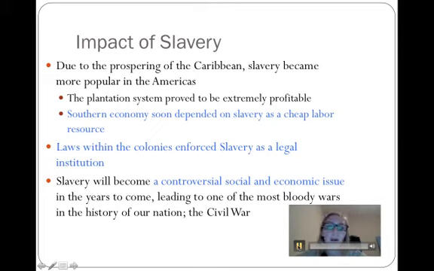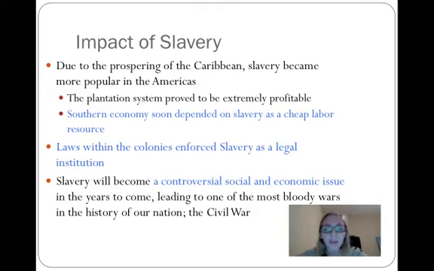So what type of impact did slavery have? Due to the prospering of the Caribbean, slavery became more popular in the Americas. So they saw how successful sugarcane was due to the institution of slavery and cheap labor. And so the Americas in the South developed an economy that depended on slavery, or so they thought.